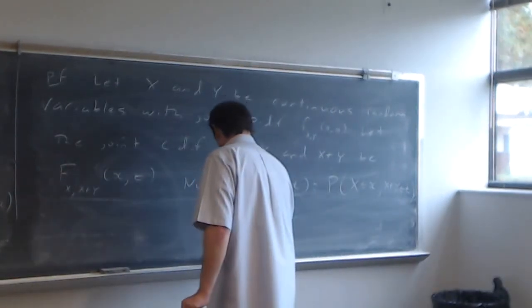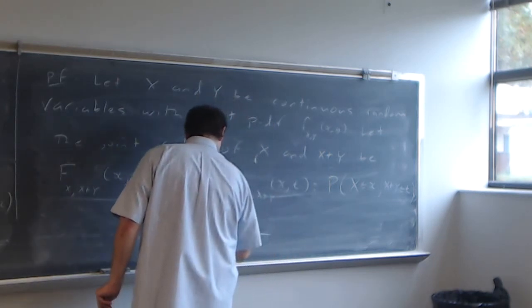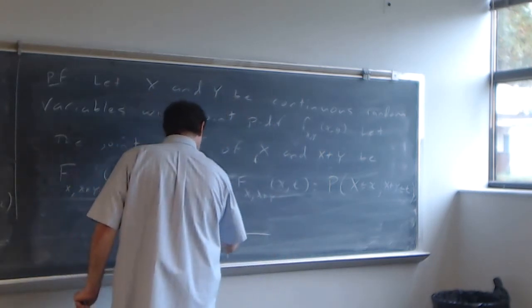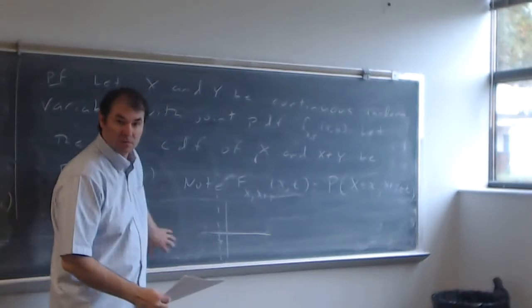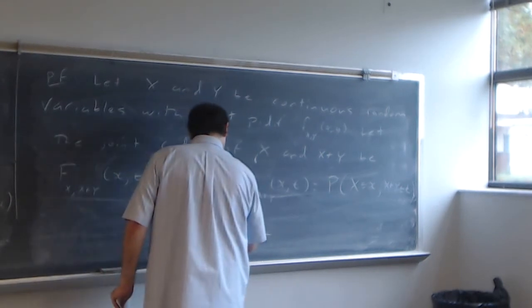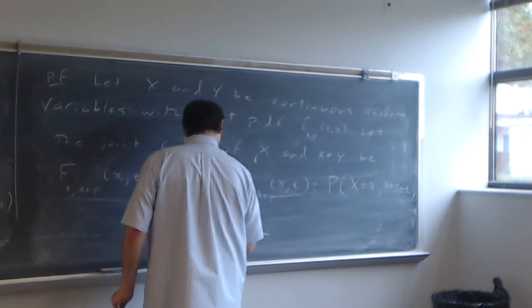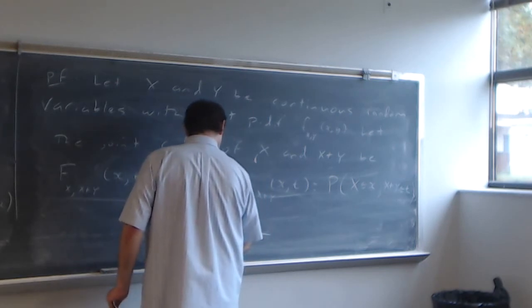So if I draw this region to see what we're talking about, let's say this is little x right here. For X to be less than little x, that's along to the left of this little x. Then let's say t is right here, a positive number. So here's t along the horizontal axis, not the vertical axis.